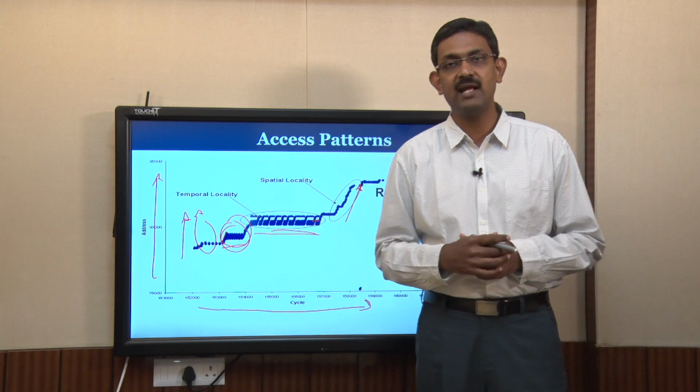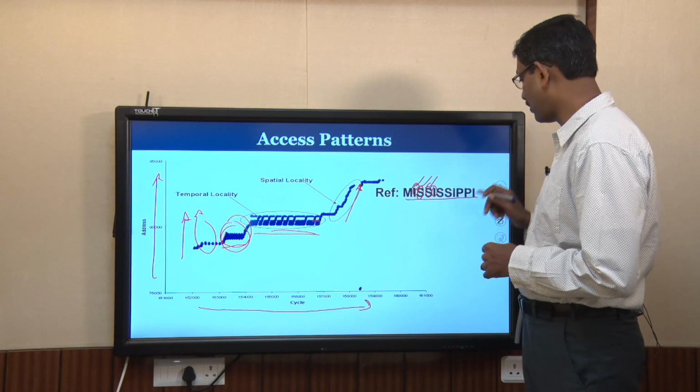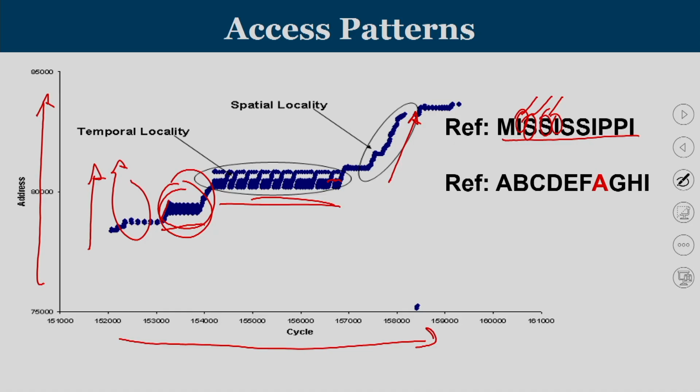So, when you want it for the next time, it can be serviced from cache. This is a perfect example of temporal locality, whereas this is spatial locality. When I access the letter A, in the near future B is accessed, then C is accessed, then D is accessed. So, coming back to A is called temporal locality, and accessing adjacent locations is known as spatial locality.